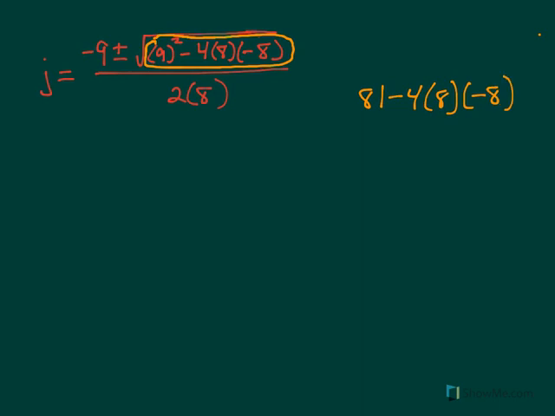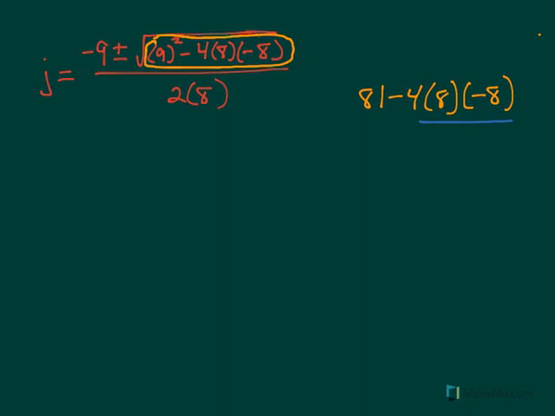If you have a calculator that follows correct order of operations, then you could just type it in like this. If you don't, if you have a simple 4-function calculator or a phone calculator, you're going to want to make sure you walk this through in the correct order. Remember PEMDAS, our order of operations, you need to do multiplication before you do addition and subtraction. So you'll want to do this right here first.